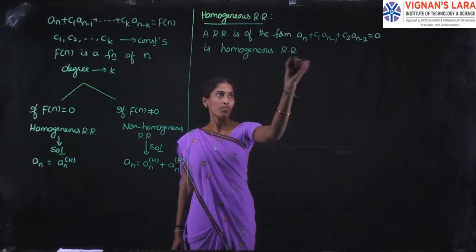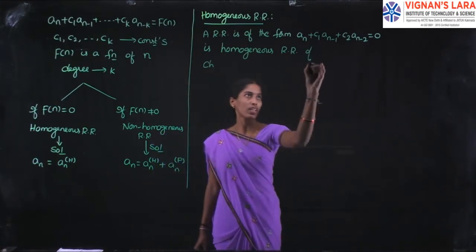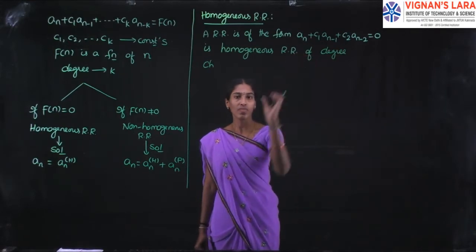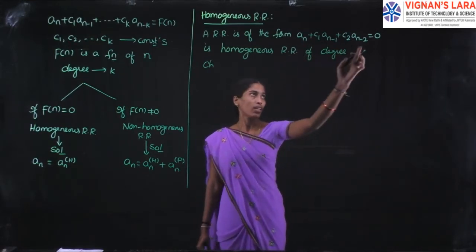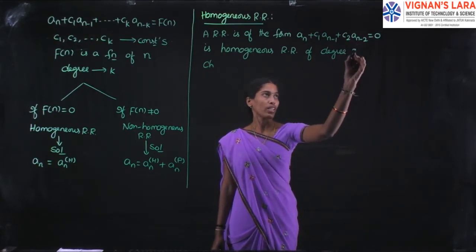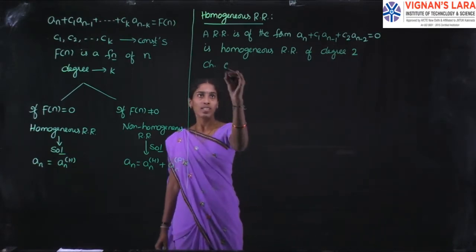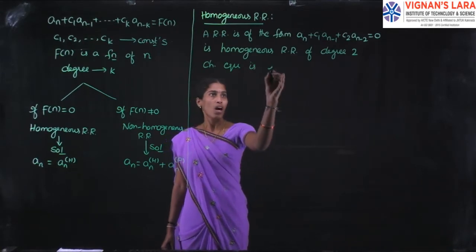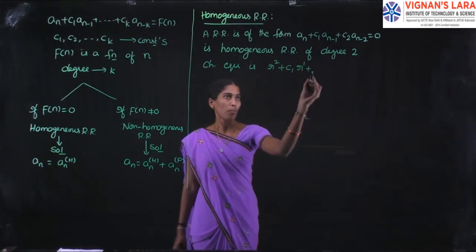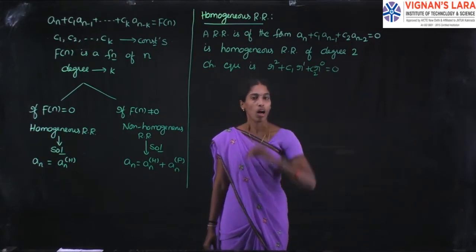Its characteristic equation: what is its degree? The highest suffix term of the sequence term a is n and the lowest suffix term is n minus 2, so its degree is n minus (n minus 2), which is nothing but 2. Its characteristic equation is r^2 + c1 r^1 + c2 r^0 = 0. How do we get this?